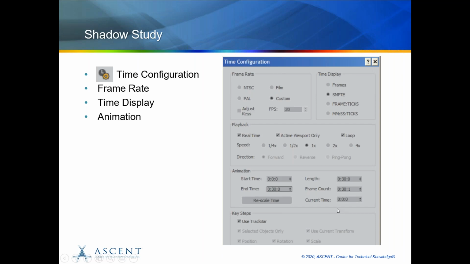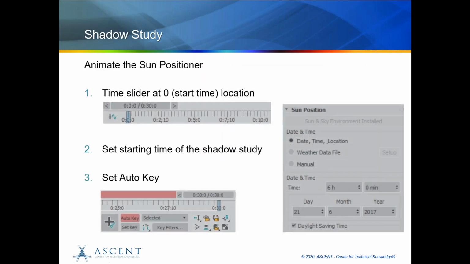So next, how to animate the sun positioner. First of all, we put the time slider at the 0 location. Then we set the starting time of the sun shadow study. We must have set the location, and then we specify the time from which we start the sun study.